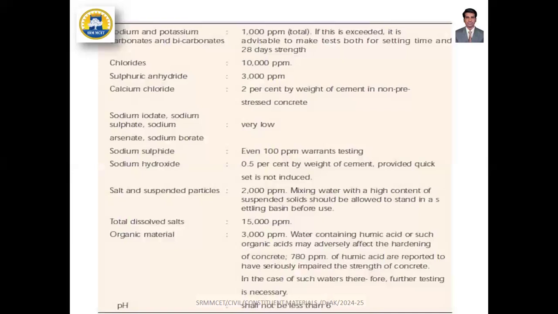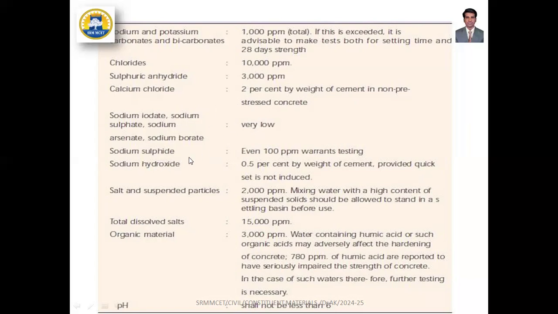This is the table which describes the permissible constituents in water. For sodium and potassium carbonate and bicarbonate, the maximum permissible level is 1000 ppm, chloride content 10,000 ppm, and sulfuric anhydride 3000 ppm. The maximum chloride content in the water should be 2% by weight, and the sodium content has to be very low.